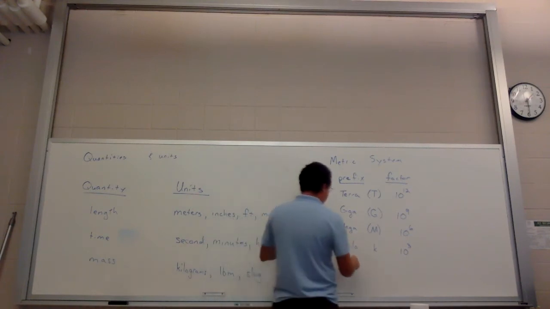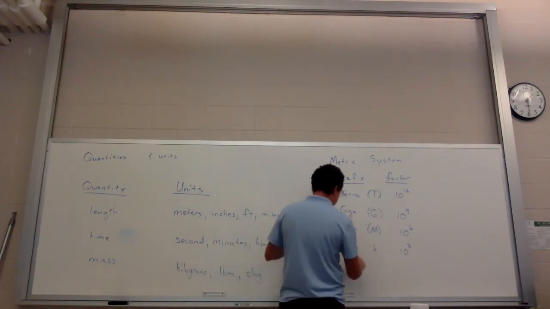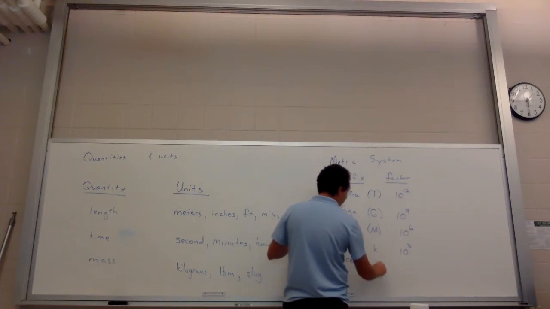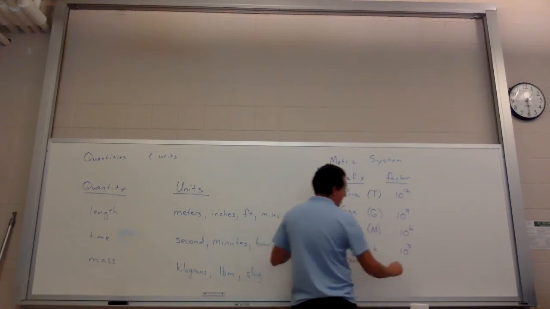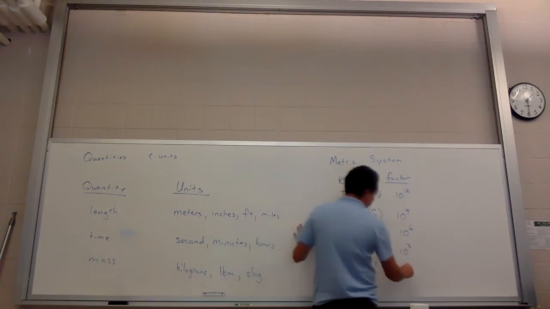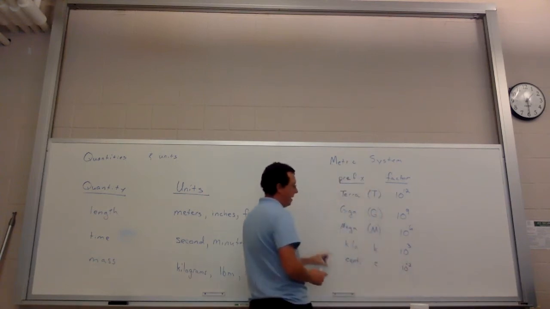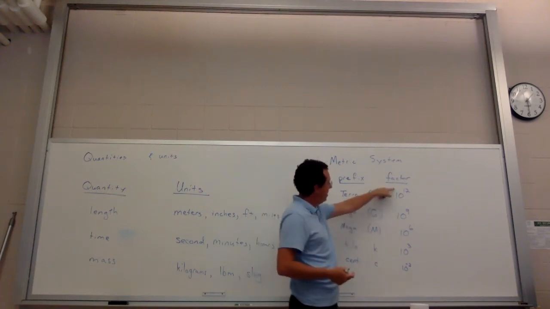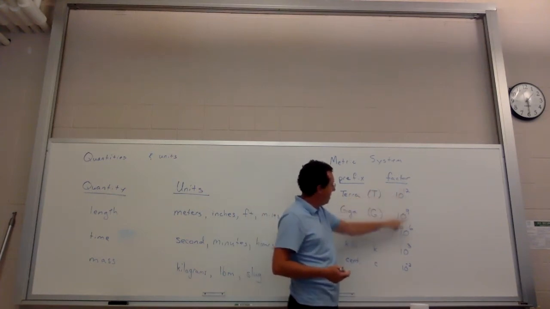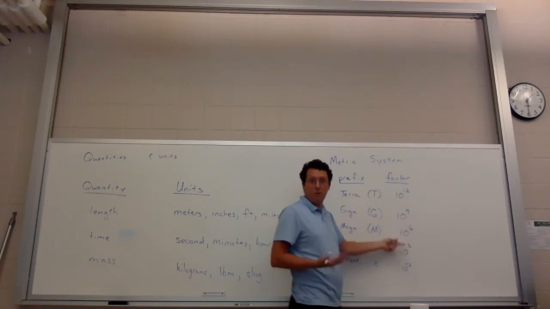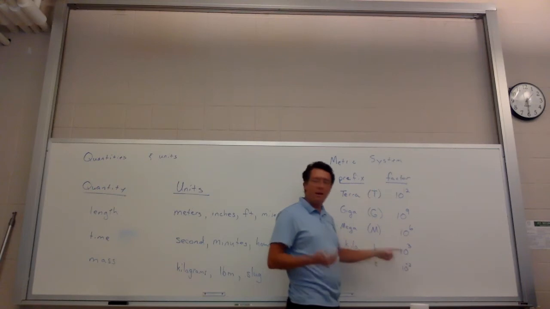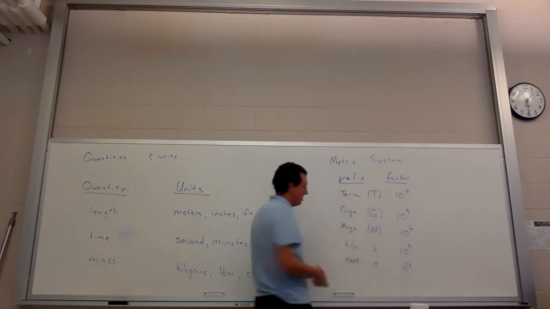So we can have centi, and that is a lowercase c, and that's actually a hundredth. So it's 10 to the negative 2. That one's an oddball. These all differ by 3s. 12, 9, 6, 3. Those differ by factors of 10 to the 3. Centi is an oddball, but it's a convenient one for us, so we stick with it.